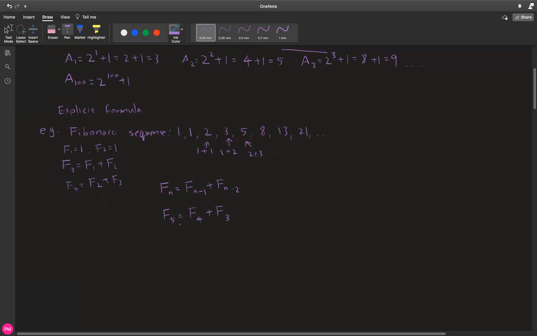So we know that f sub 5 is determined by the fourth term and the third term. So that's 3 plus 2, and we can see that this works all the time. And as I said before, this is a recursive formula.